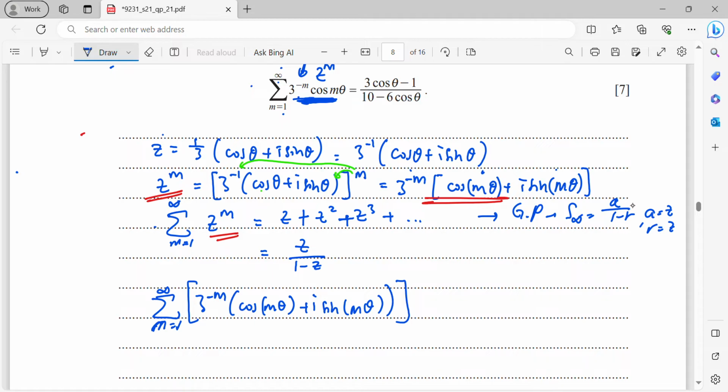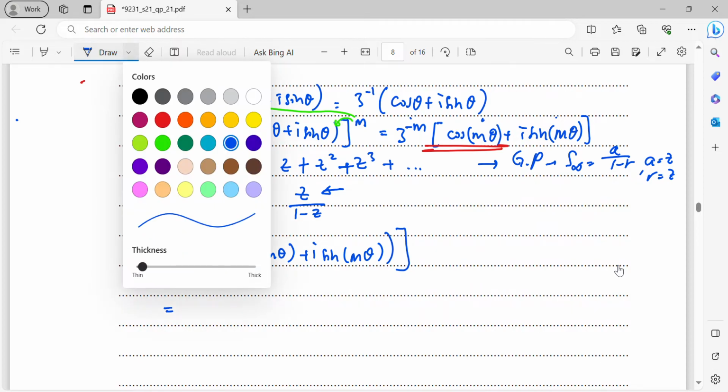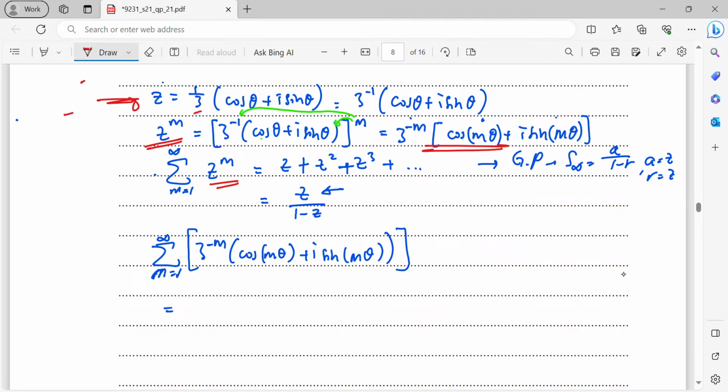Then this is z, so it means the z here is replaced by this expression, 1 over 3 (cos theta plus i sin theta). So now I will get 1 over 3 (cos theta plus i sin theta) over 1 minus z, so 1 minus 1 over 3 (cos theta plus i sin theta).